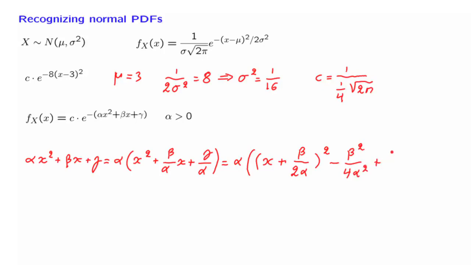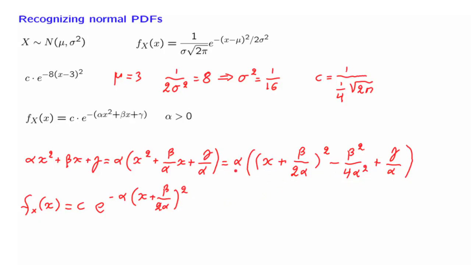And finally, we have the last term involving gamma. Therefore, the PDF of x is of the form: we have a certain constant from here. Then we have the negative exponential of this term, e to the minus alpha times (x plus beta over 2 alpha) squared.